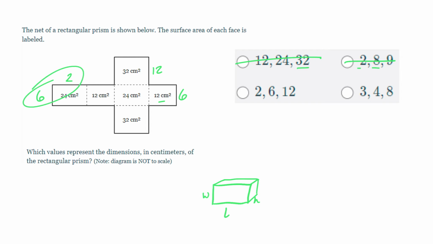Well, 6 by 2 is not 24, it's 12. So we know this area is going to be wrong on our shape here. We have one other dimension here. No, we had that right. That's what we have. All right, so let's try the next answer and see if it works a little better for us.